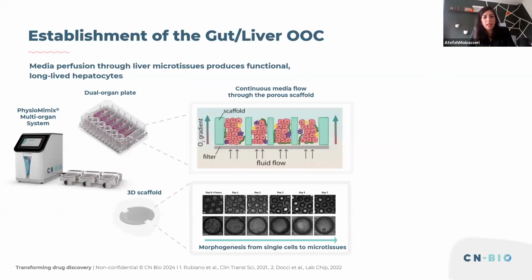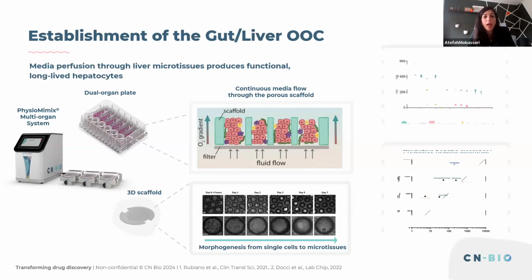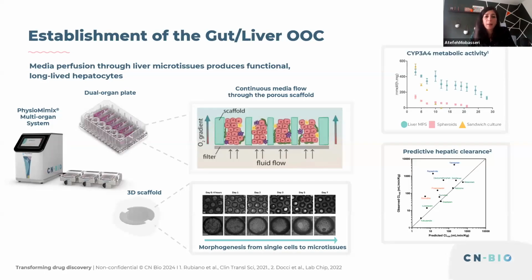Similar to the NASH assay, we use our plate for culturing hepatocytes. For the gut liver model that we use for bioavailability, for the liver part, we use a hepatocyte monoculture. For this application, firstly, the metabolic activity of the liver is very important, so we explore the metabolic activity by looking at CYP3A4.